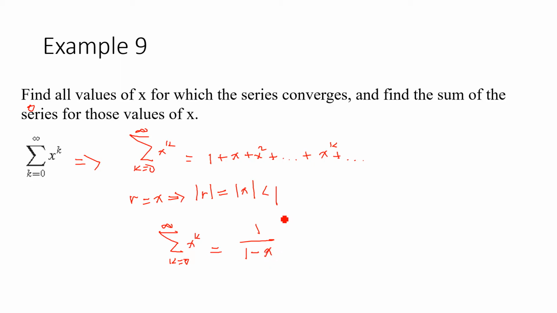So in this case, this is arbitrary because we do not know yet the value of our x here. If the absolute value of our x is less than 1, then it converges.